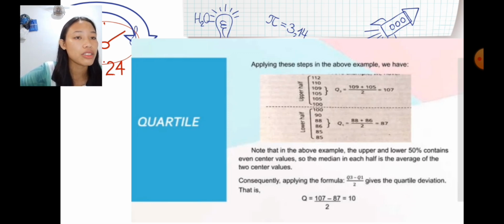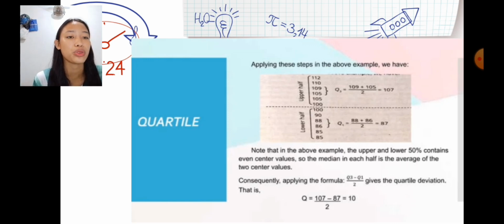So 107 is the median calculated as the average of the two middle values, 109 and 105. For the lower half, we have 90, 88, 86, 85, 85. For the first quartile, 88 plus 86 over 2 equals 87. So 87 is the median calculated as the average of the two middle values, 88 and 86.